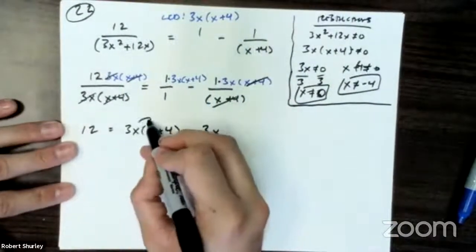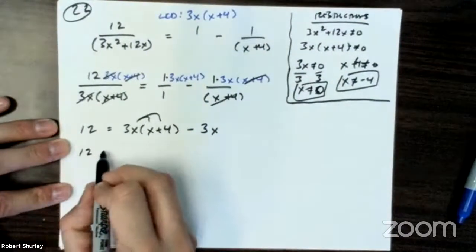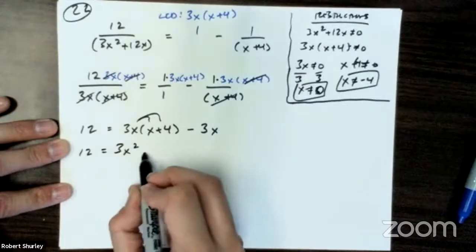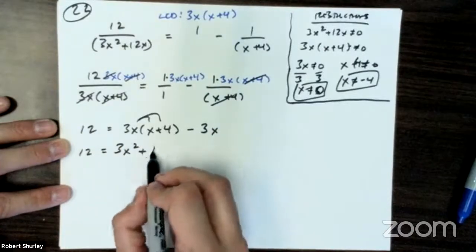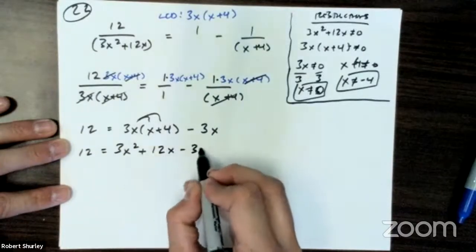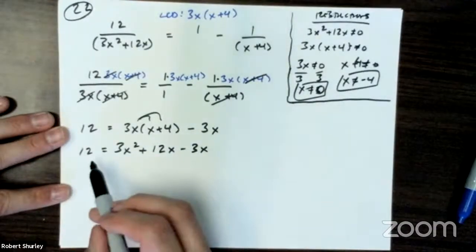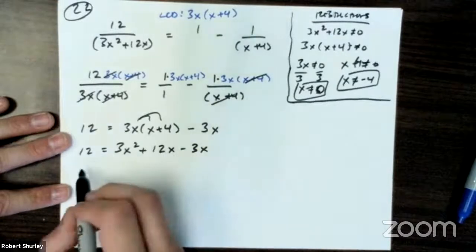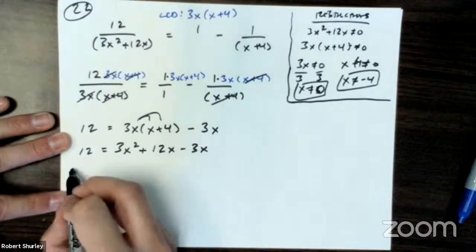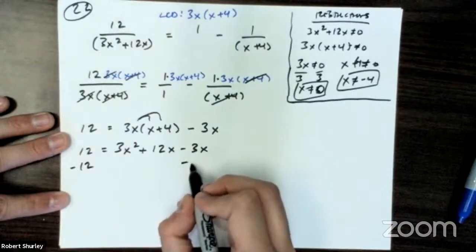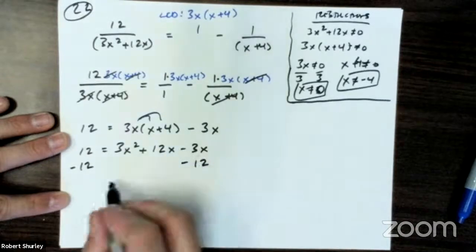So let's distribute the 3. We get 12 equals 3x squared plus 12x minus 3x. If we're going to solve this, I've got to get 0 on one side, so I'm going to move the 12 over. Because I have a positive 3x squared, we'll subtract 12.